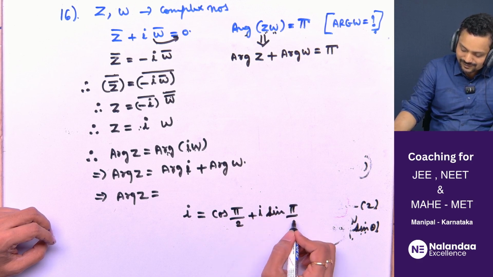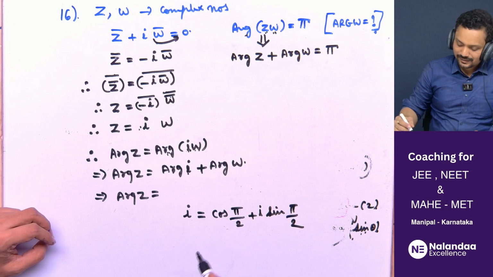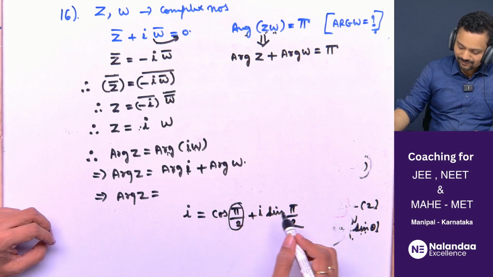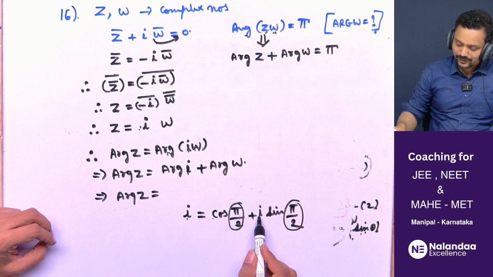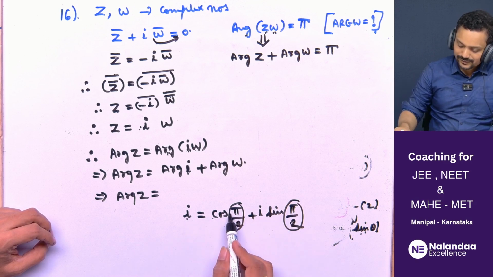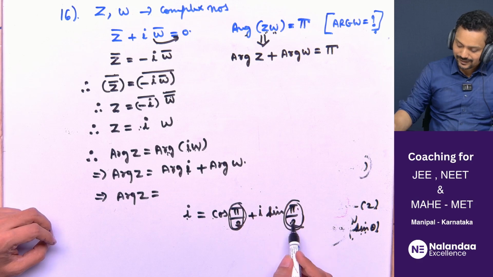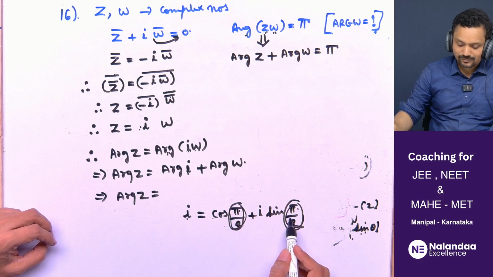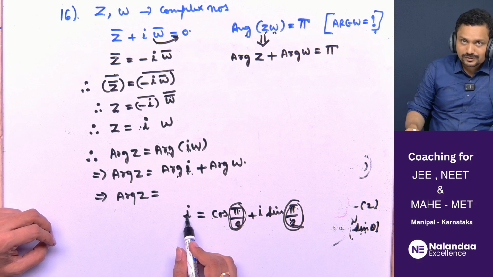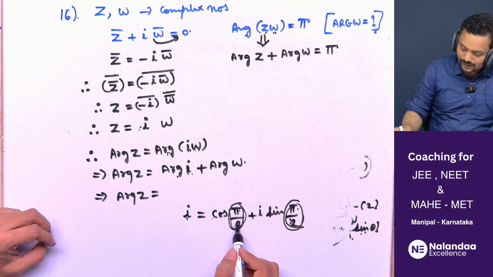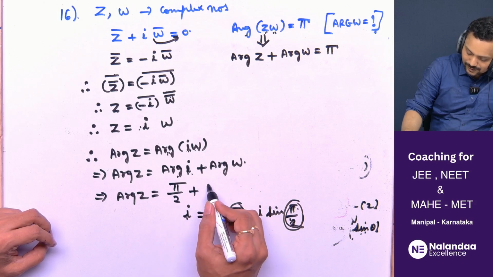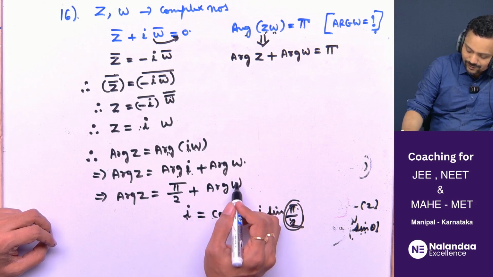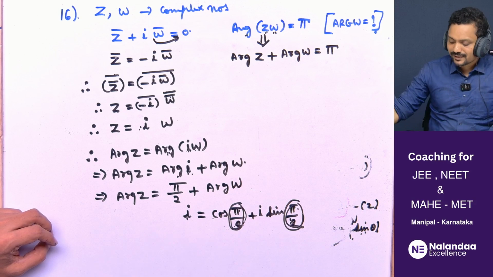If you remember, argument of I is pi by 2, because I is cos pi by 2 plus I sin pi by 2. The angle part of the complex number will always be the argument. So always remember this also, students, argument of I is pi by 2. This is pi by 2 plus argument of omega. If you have got this, it is as good as getting the answer.